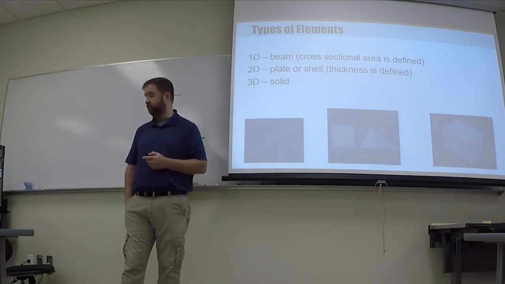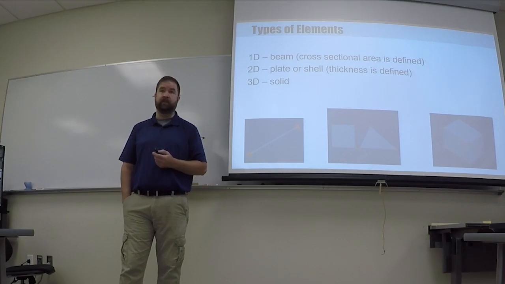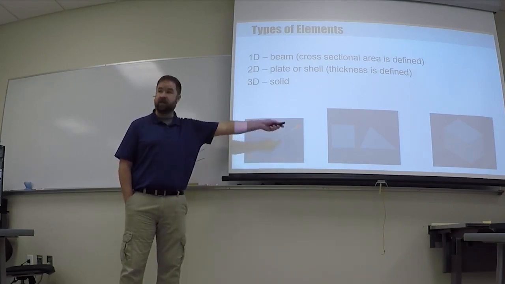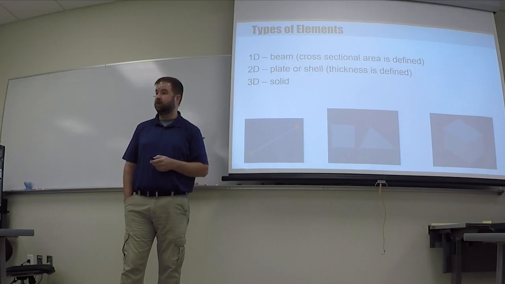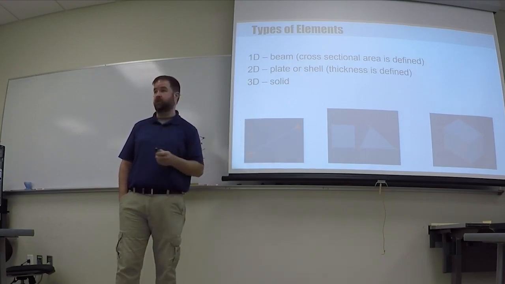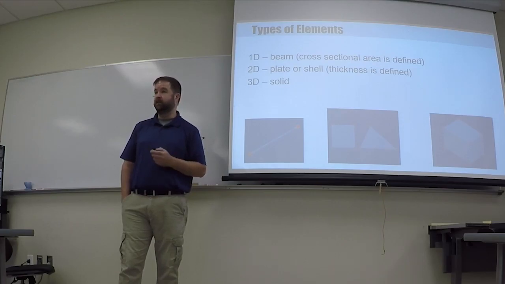So for example, on assignment 3, there's going to be a tapered beam, and you're going to see that tapered beam multiple times through the semester. And we're going to model it different ways. It's the same simple little tapered beam. Same answer every time, but the point is you're going to see how the different element formulations give you different results, and hopefully we'll see that we're getting closer and closer to an ideal result.